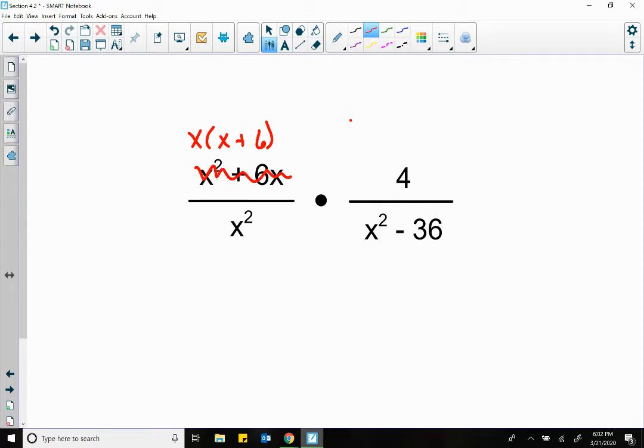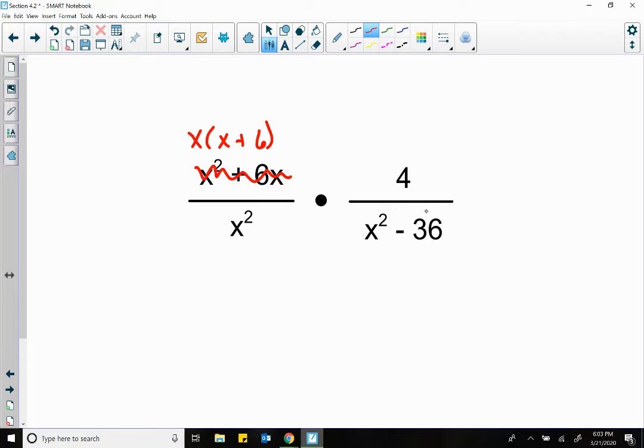Now, the other cool thing I'm going to teach you is that anytime you have a single term, like x squared or 4 that we have right there, that is factored. There is nothing else that you can do to it. Leave it alone. So the x squared, it's good to go. The 4 is good to go.